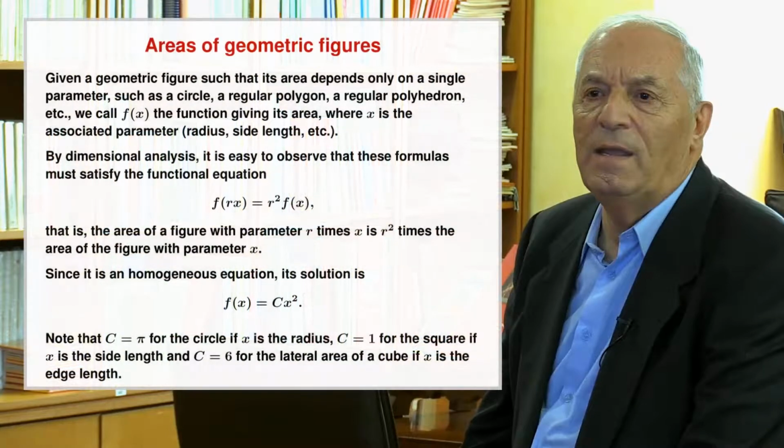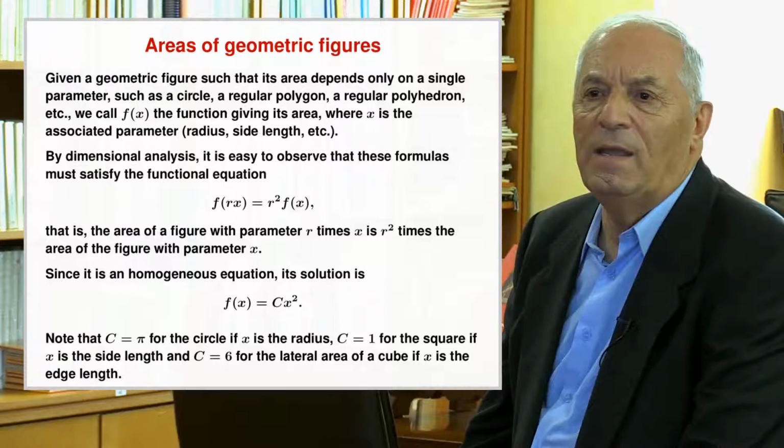This example discusses the case of areas of geometric figures. Given a geometric figure such that its area depends only on a single parameter, such as a circle, a regular polygon, a regular polyhedron, etc., we call f the function giving its area, where x is the associated parameter: radius, side length, etc. By dimensional analysis, it is easy to observe that this formula must satisfy the indicated functional equation, that is, the area of a figure with parameter r times x is r squared times the area of the figure with parameter x.